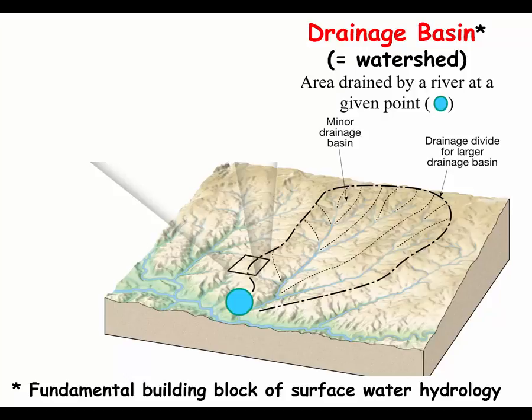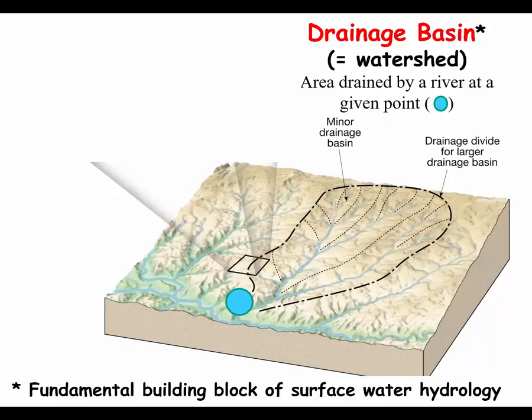Okay. Well, if we're going to talk about a river, if we're going to talk about what to do about rivers and how to deal with them, we need to begin with the fundamental building block of surface water hydrology, and that's the drainage basin. And the drainage basin is the same thing as the watershed.